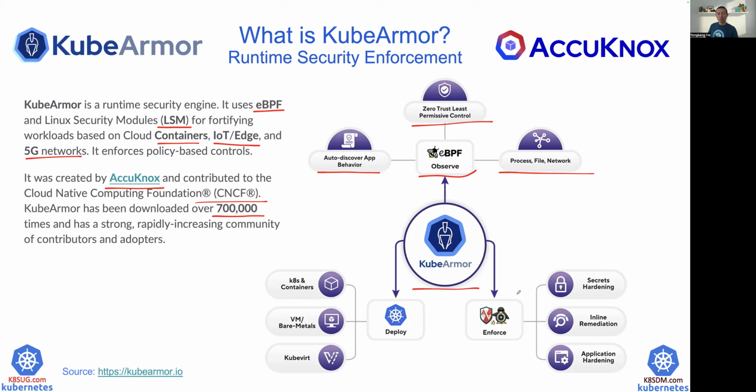Now, to enforce the security controls or security policies, you leverage AppArmor, SELinux or BPF-LSM. A couple of examples here: you can secure your secrets, that's part of secrets hardening, or it can be used for inline mitigation or remediation, and also for system hardening.